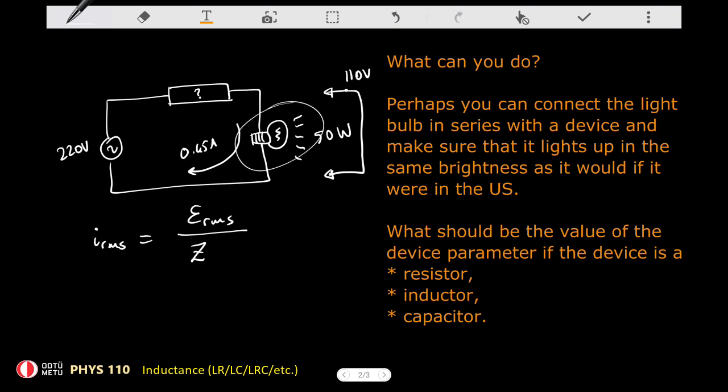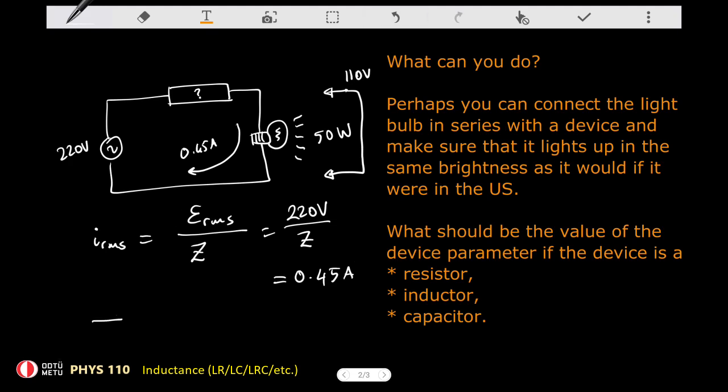Together with the resistance, the circuit has some properties, which I can describe by that impedance. Under 220 volts of RMS EMF, I should use an impedance value so that the current is still 0.45 amperes, which means when I double the EMF, the current remains the same.